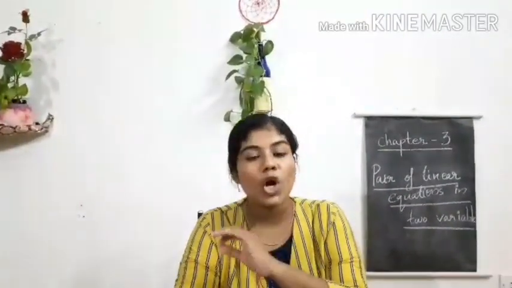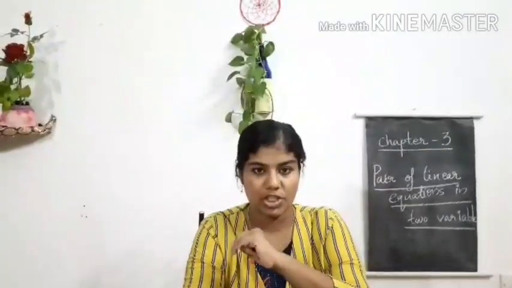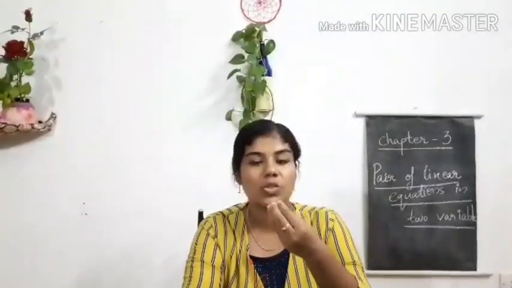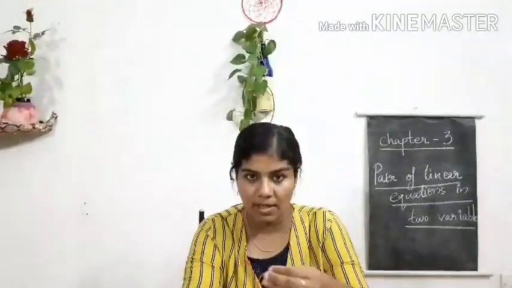Then one more section in our textbook is about what happens if the pair of equations is not actually linear, then how you can solve it. What we will do is reduce it using suitable substitutions.